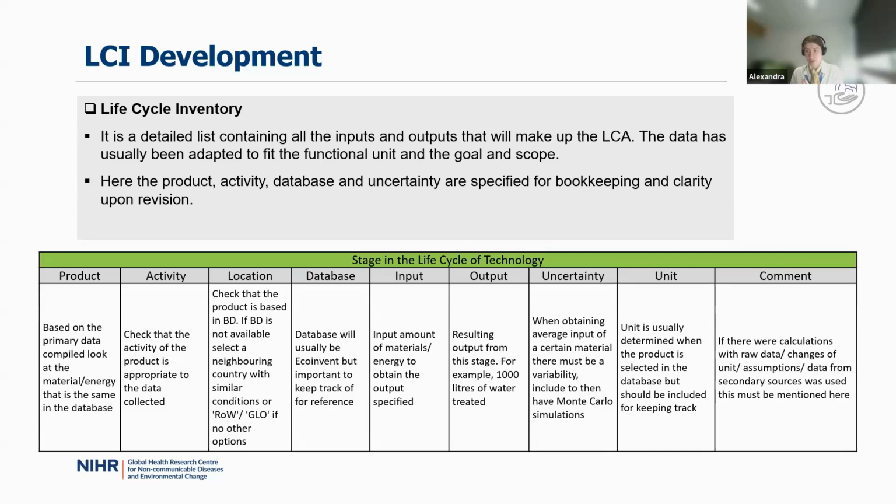Here, it is also very important to have locations. In this case, I've just put Bangladesh as an example. As I said, in low middle income countries, it is oftentimes difficult to find data exact to the country, but there is data that is for rest of the world, which is the term that they use for non-Western countries, because in Western countries, that's where there's the most data, especially in the databases.